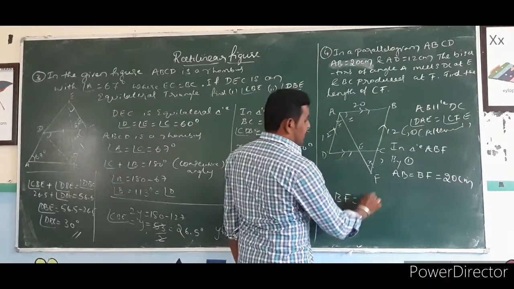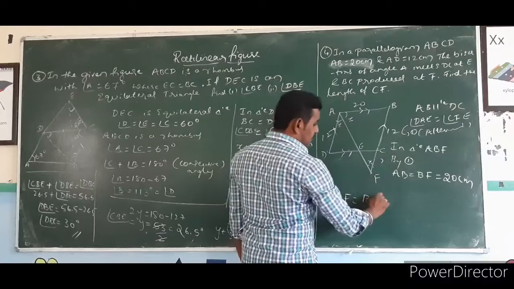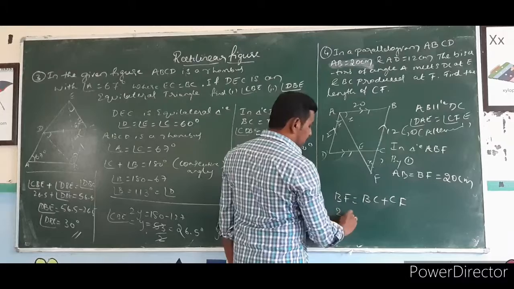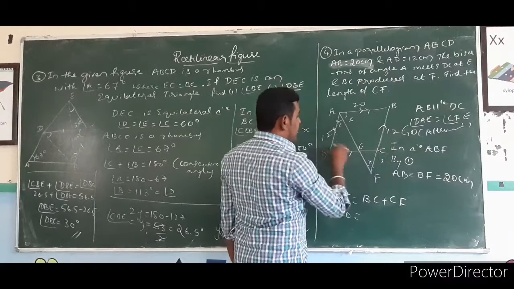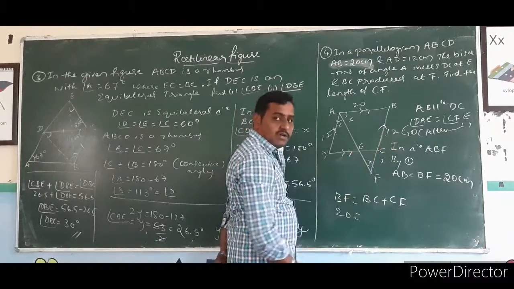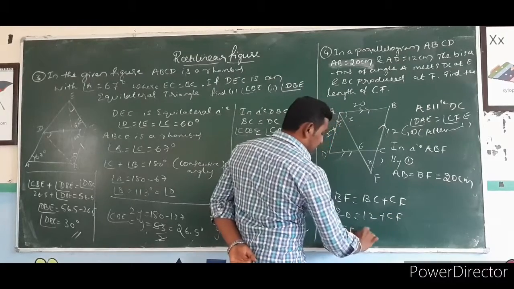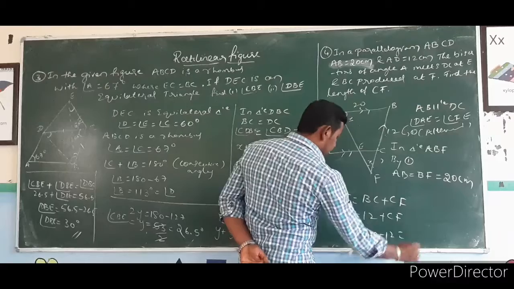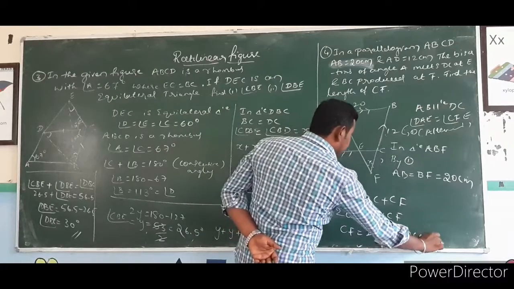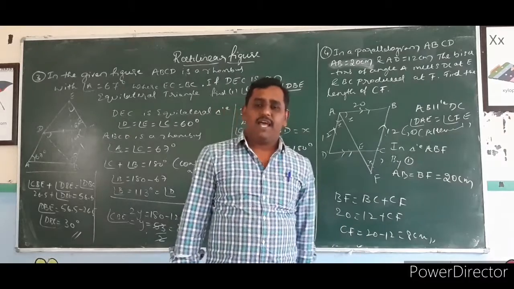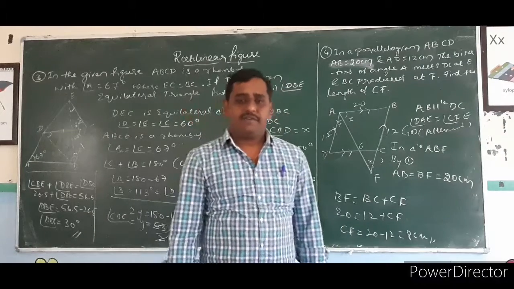Therefore BF is equal to BC plus CF. We want to find the CF value. BF we know is 20. BC is 12, that is also 12. So 12 plus CF: CF is equal to 20 minus 12, that is 8 centimeters. So you can find it easily, and many problems are there. So you can solve. Thank you for watching the video.